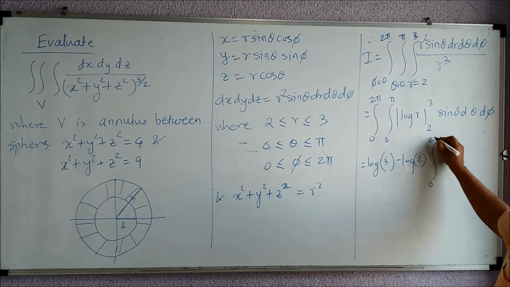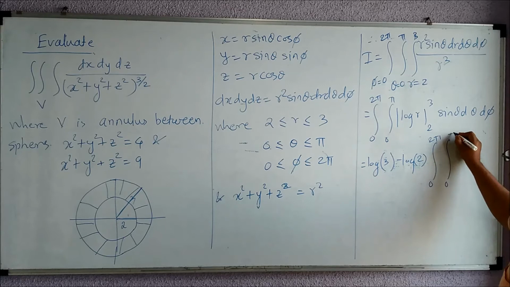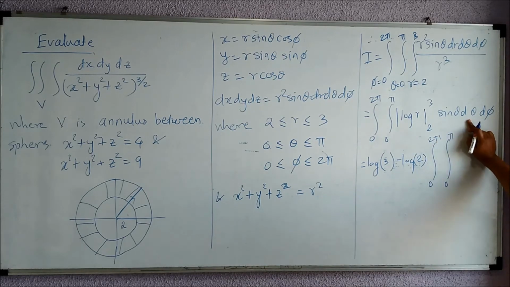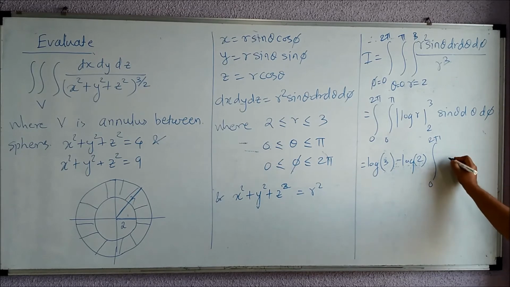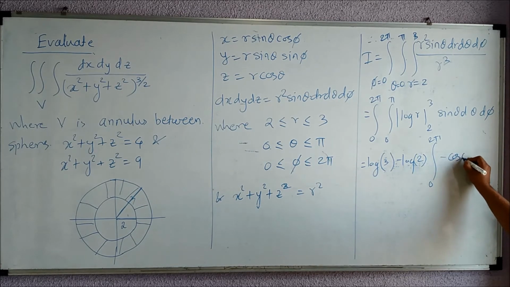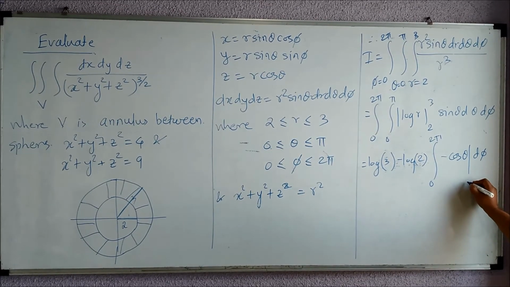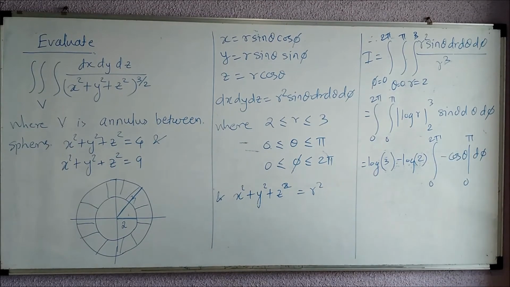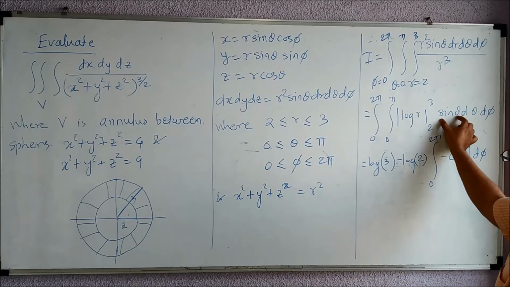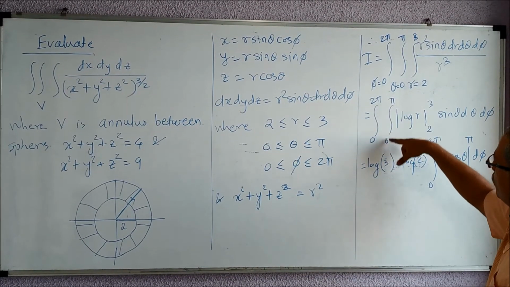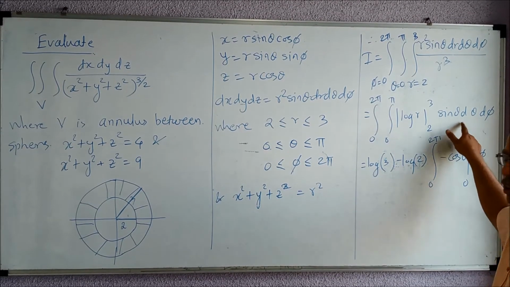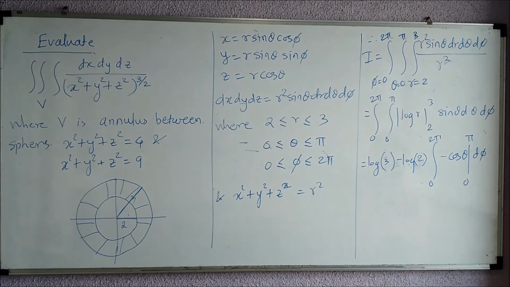Integral 0 to 2 pi, integral 0 to pi. Now with respect to theta, the integration of sin theta is minus cos theta.